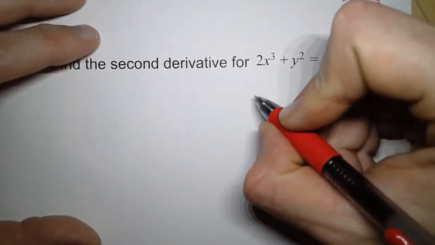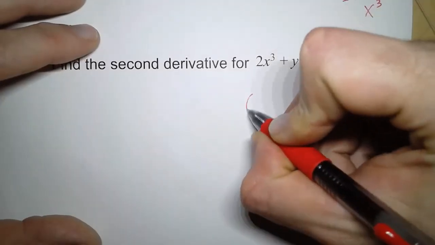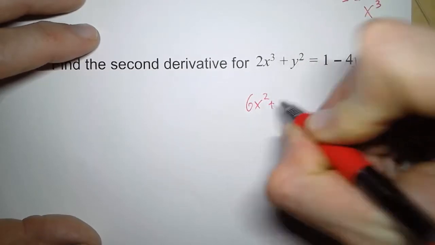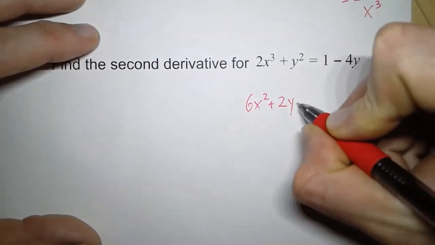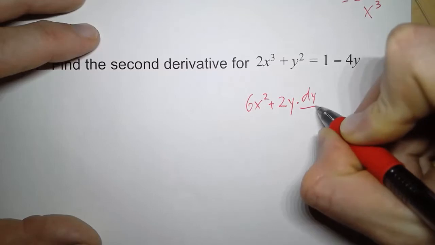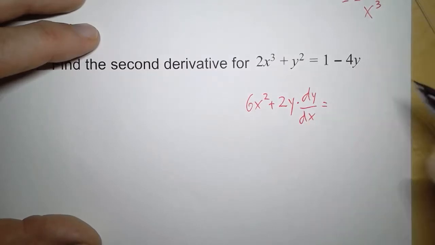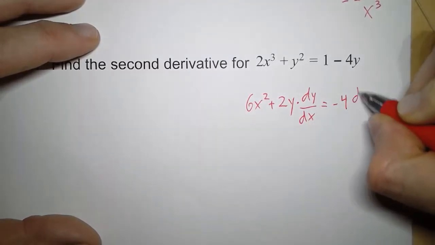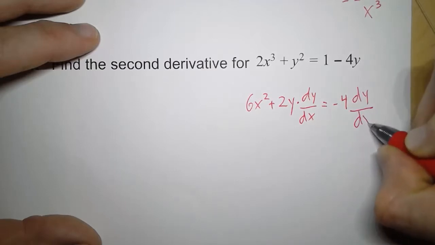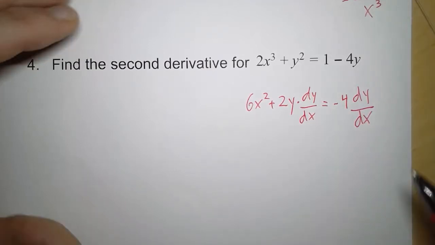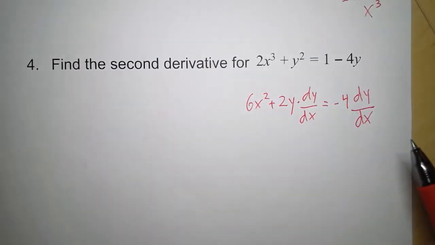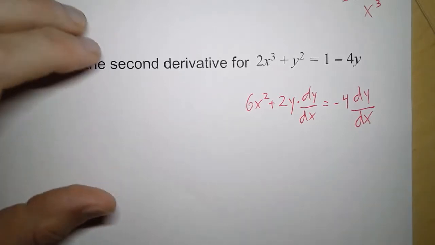The first derivative is going to be 6x squared plus 2y times dy dx, and that's going to equal negative 4 dy dx. Now what we have to do is solve for dy dx.